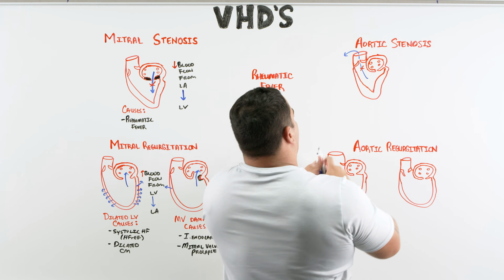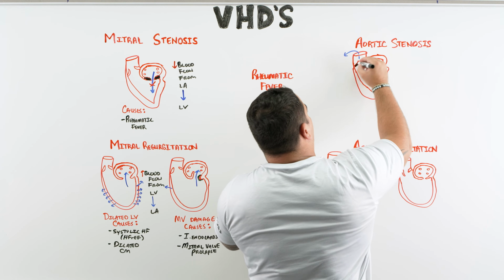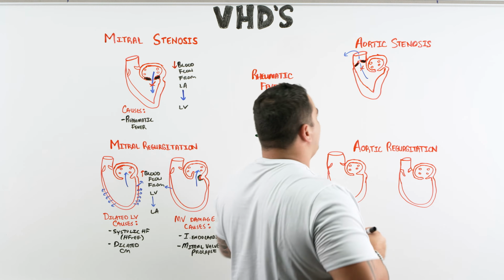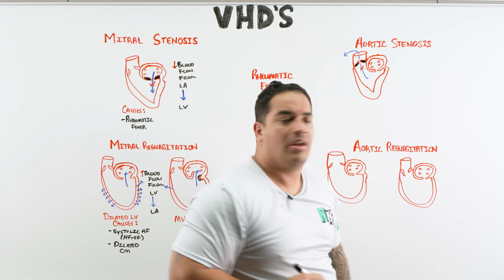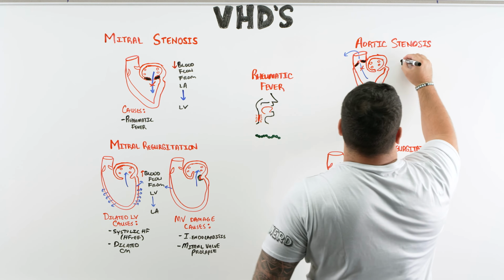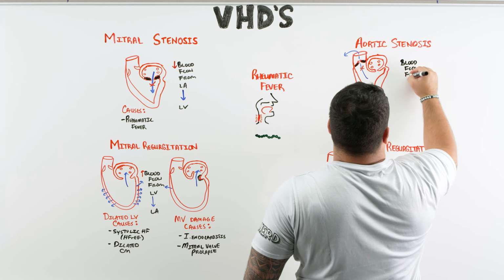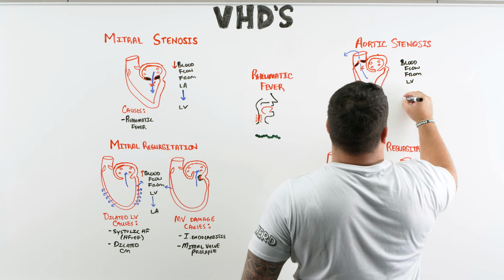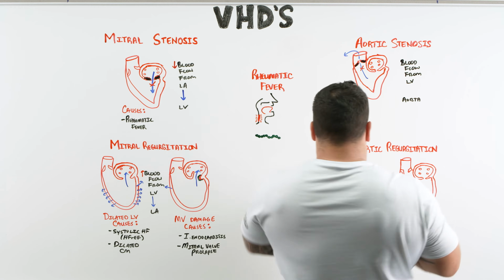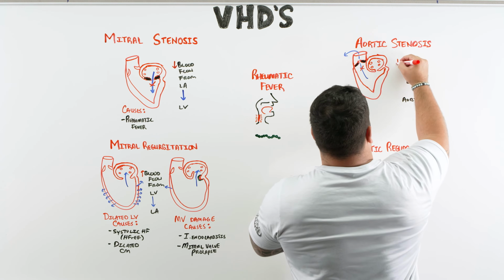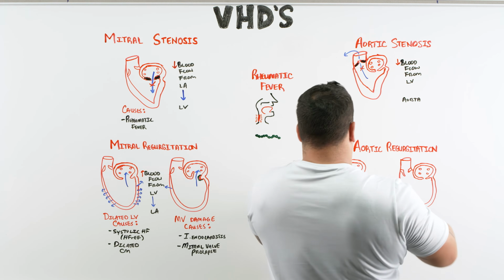And the reason is there's some type of hardening or sclerosis or just intense fibrosis of the aortic valve. And the problem with this disease is there is a decreased blood flow from the left ventricle to the aorta. And that is really the pathophysiological process that I want you guys to understand here.